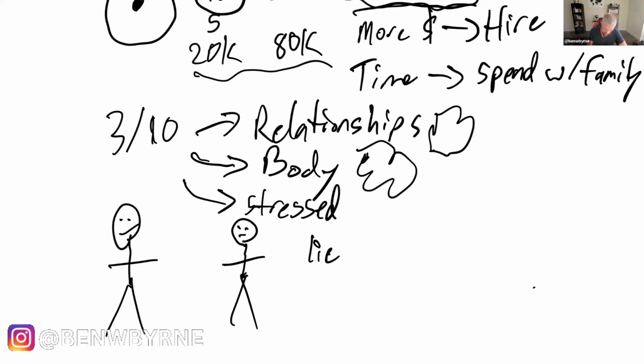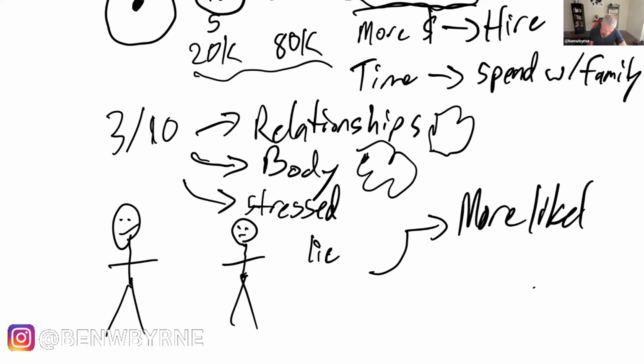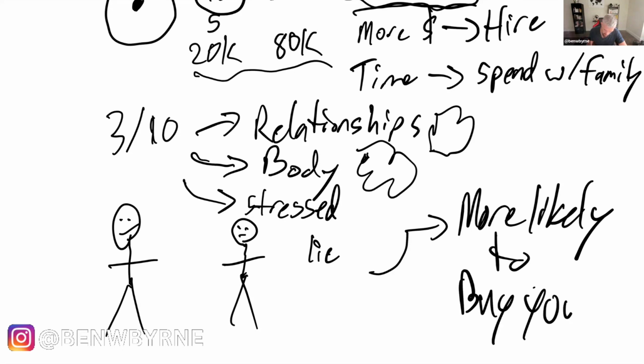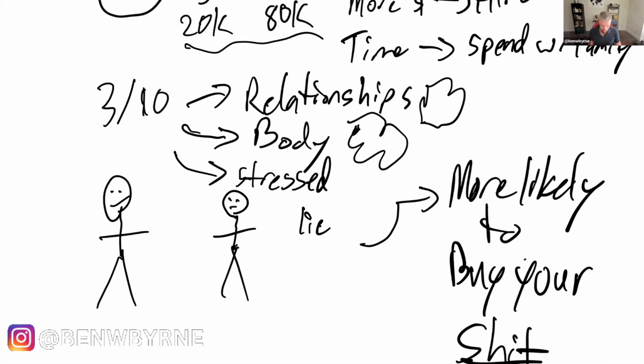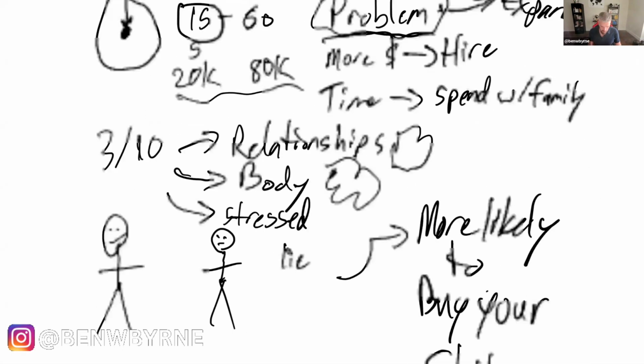And so when you have trust, when you've knocked down the wall, what does that do? It makes them more likely to buy your shit. All right, so just another way to look at your calls.